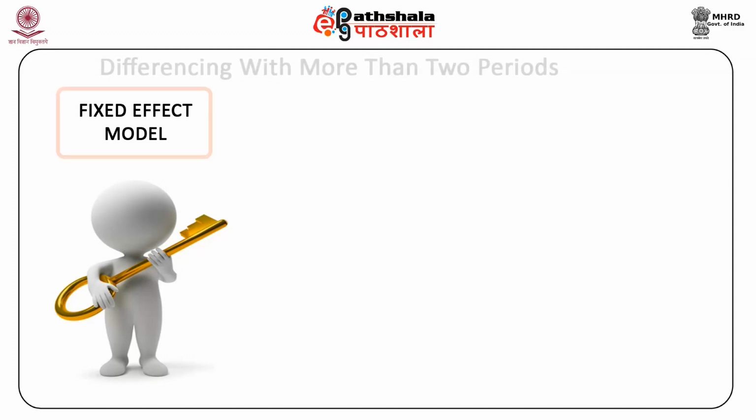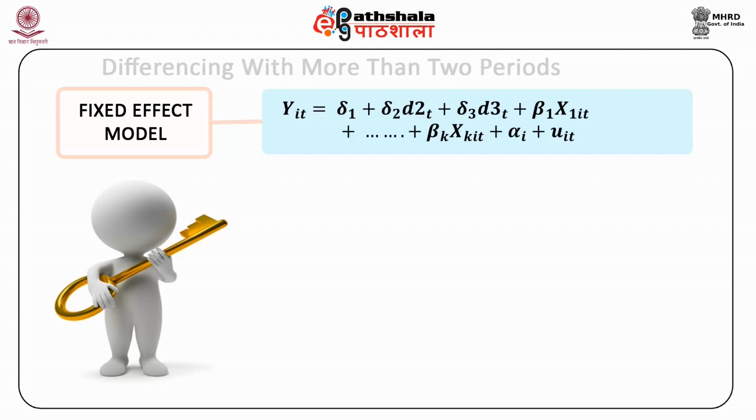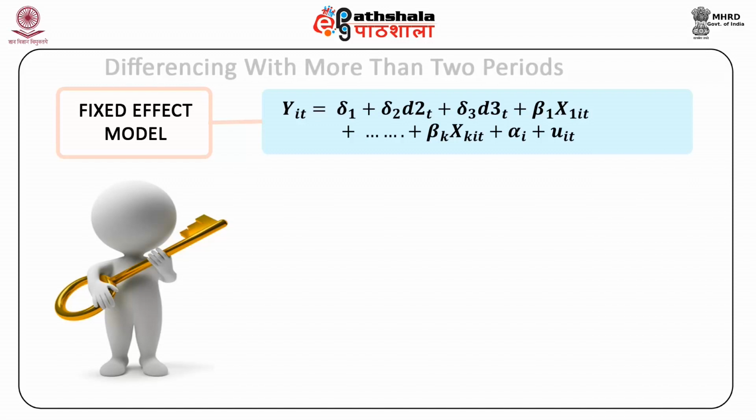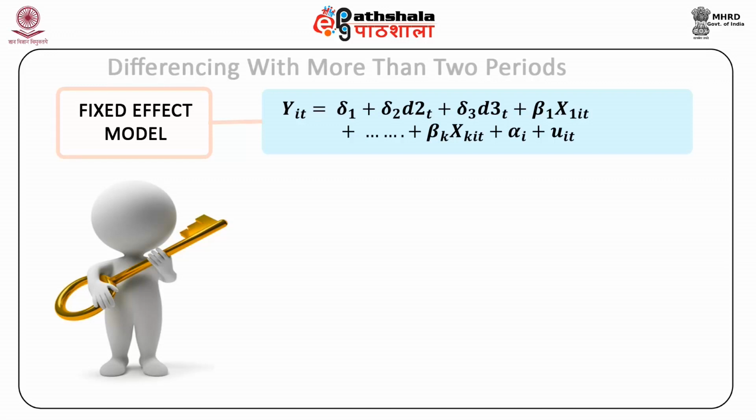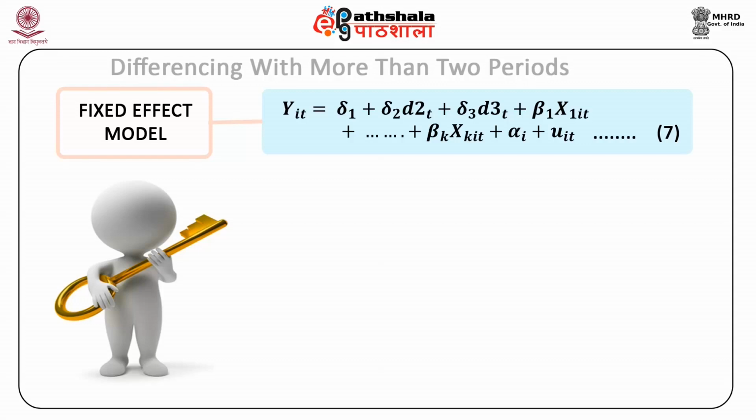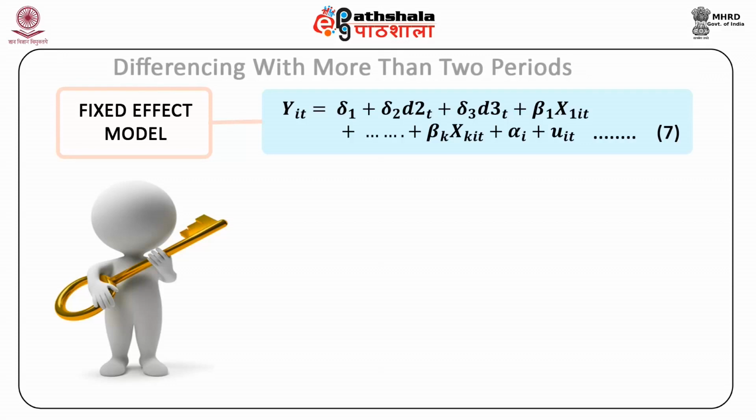A general fixed effect model in that case can be written as y_it equal to delta 1 plus delta 2 d2_t plus delta 3 d3_t plus beta 1 x1_it plus so on up to beta k xk_it plus alpha_i plus u_it. This is our equation 7, for time period t equal to 1, 2 and 3. Since there are n individuals and 3 time periods, the total number of observations is 3n.